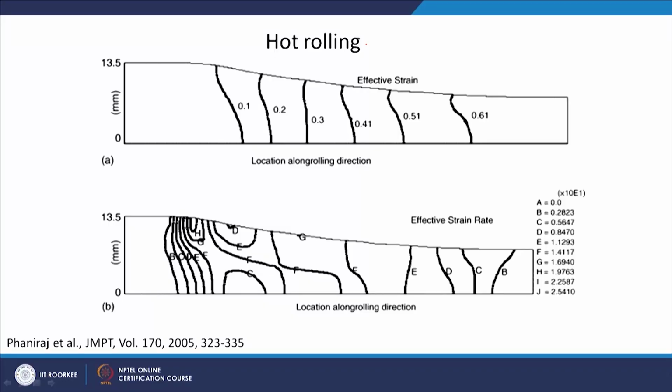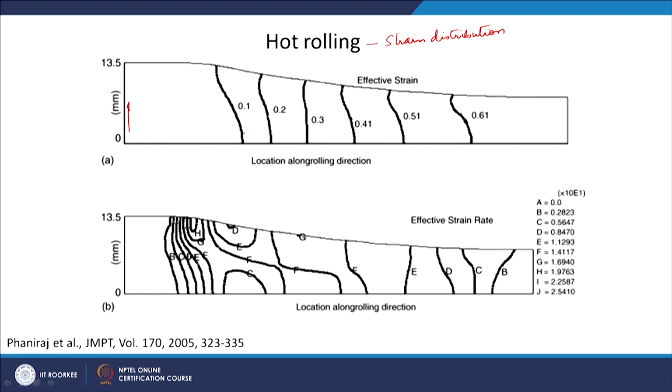If you see a typical deformation process during hot rolling, here I am talking about the strain distribution. You can see that on the x axis you have the rolling direction, and the y axis is the thickness of the material.